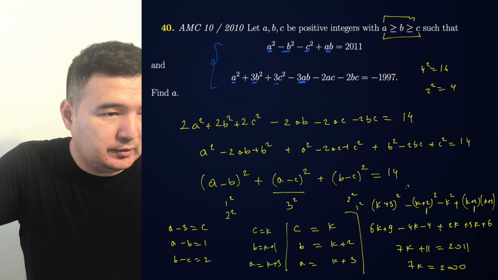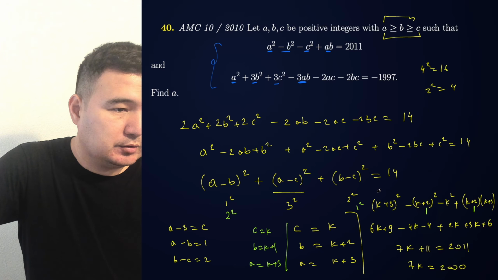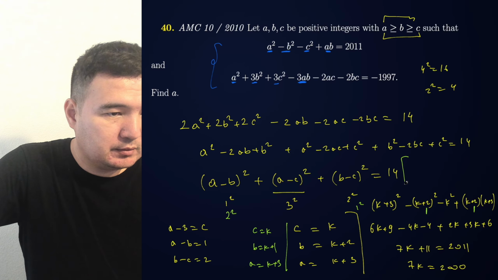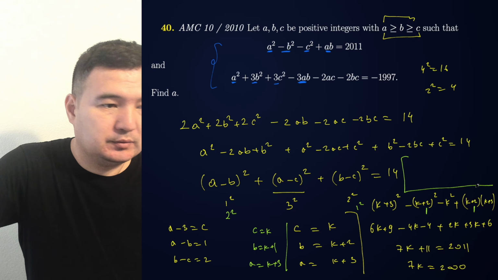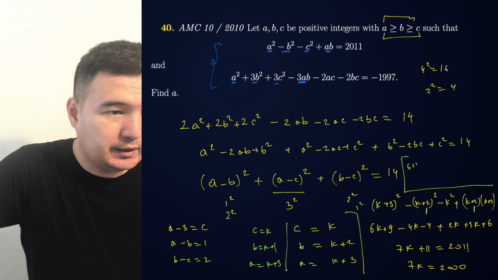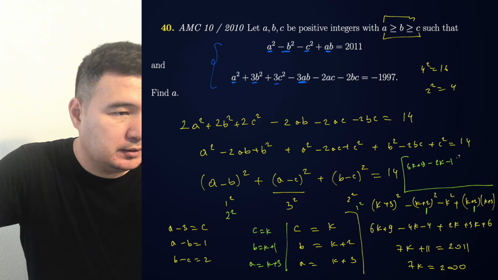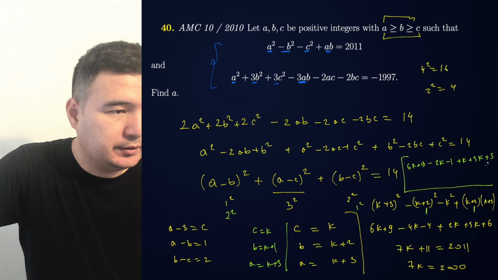Same way, we have 6k plus 9 minus 2k minus 1, and then plus k plus 3k plus 3.